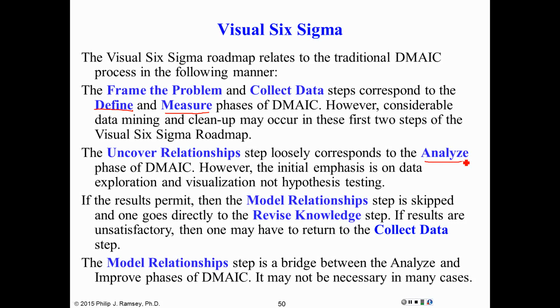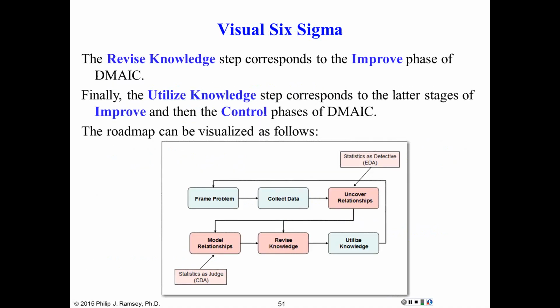However, what's different about the Six Sigma roadmap is this uncover relationships phase is really much more exploratory in nature than traditionally the analyze phase in DMAIC, but that's roughly how they relate. Okay, and then basically the revised knowledge section is related to the improve phase. I'm going to go ahead and go to the next slide.